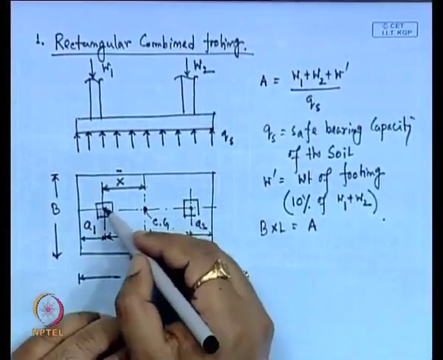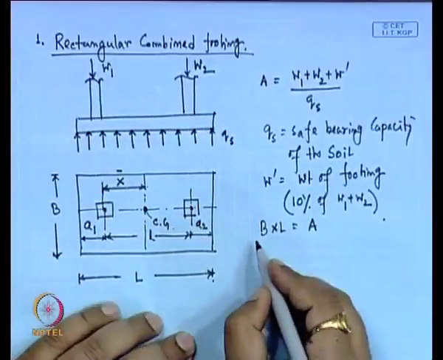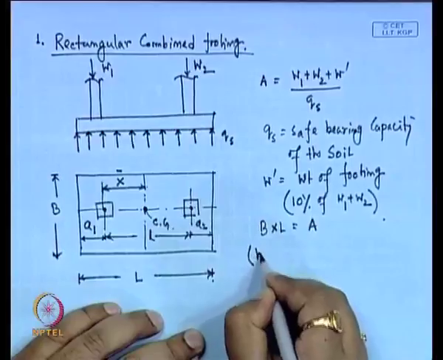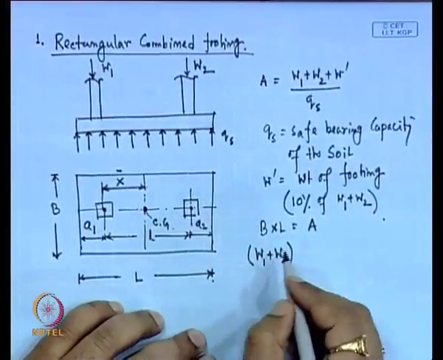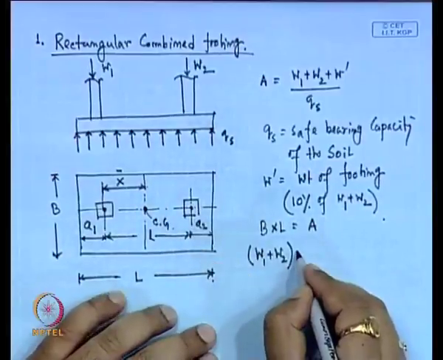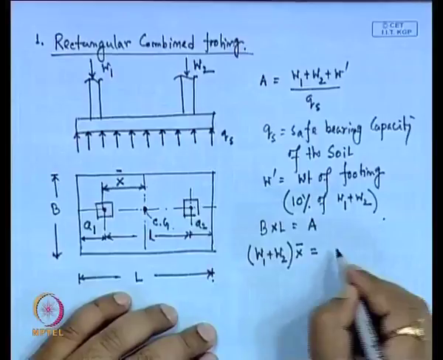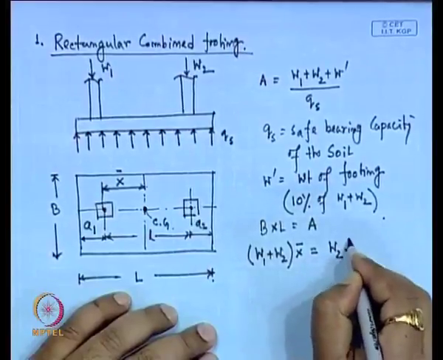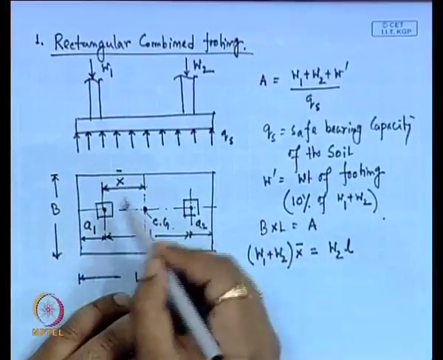Now, if we take the moment at this first column center, then we can write that W1 plus W2, that is the total resultant force, into x bar is equal to W2 into l. So, I take the moment from the center of the first column.